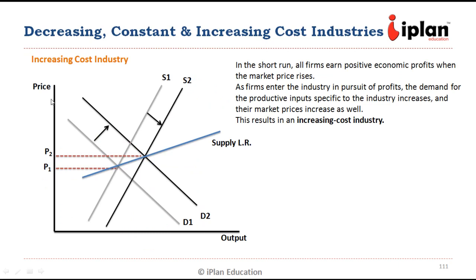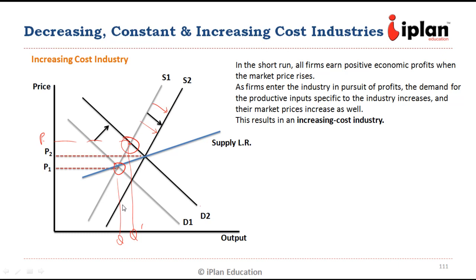The increasing cost industry. In this case, the demand curve shifts up. Earlier the demand and supply curve were cutting here. Now it shifts up. The new demand curve and old supply curve give a new price and a new, increased quantity. But due to the increase in the cost, the supply curve is shifting rightwards.